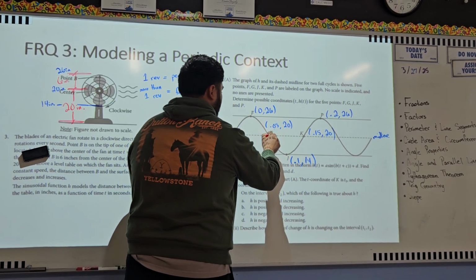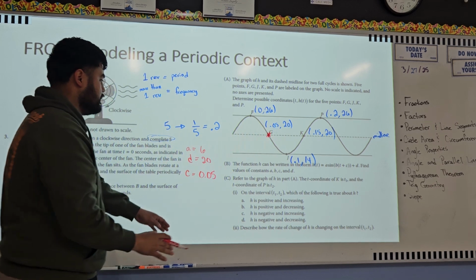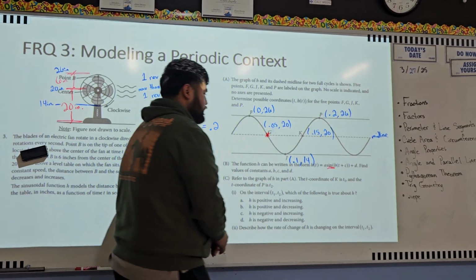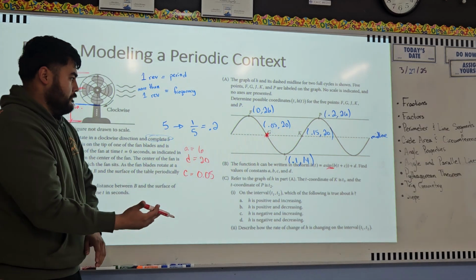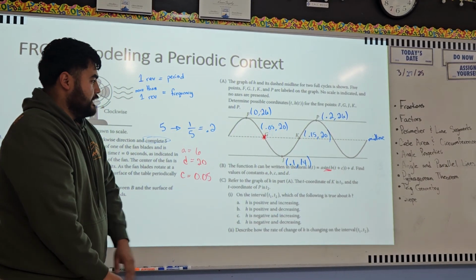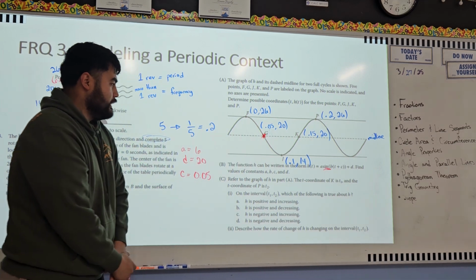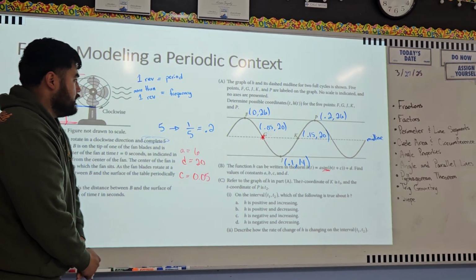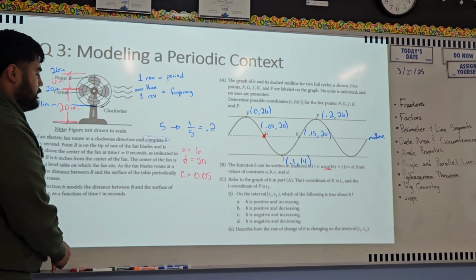Remember the sine. Where's my equation? We're dealing with sine. You have to remember the sine starts in the midline. So for that reason, my point that I'm going to use is G and not F. If we were doing cosine, then we would start up here. Just be aware of that.